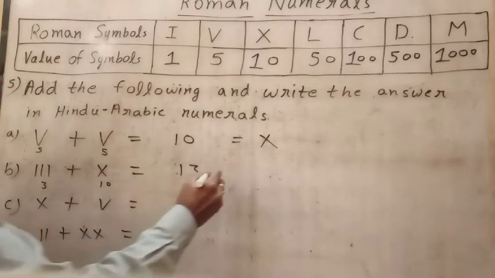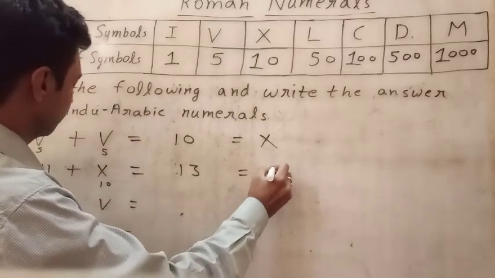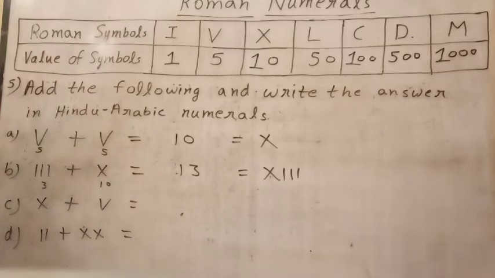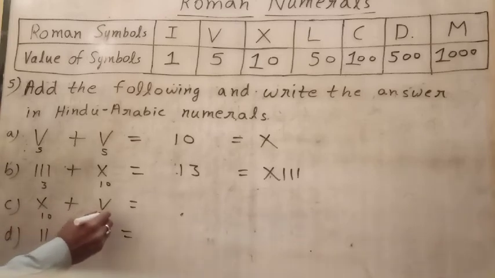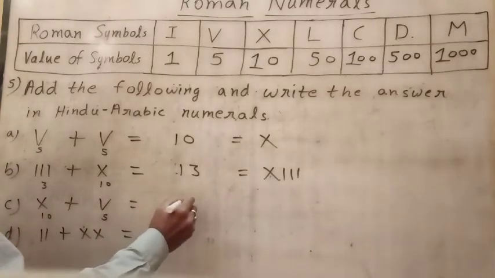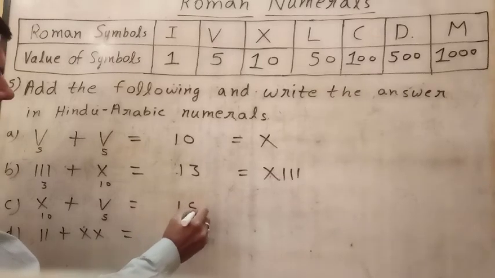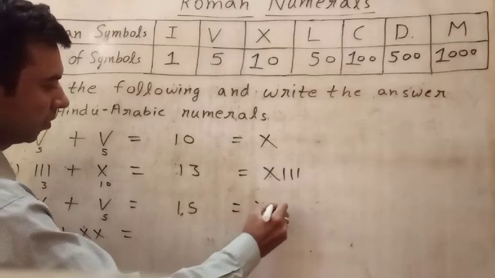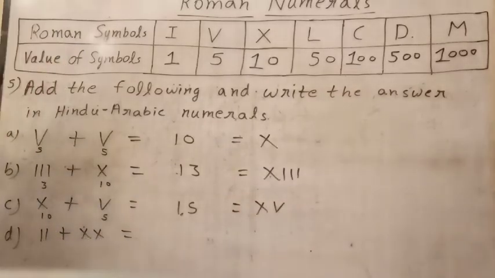13. And the correct symbol, see, X and 3 times I. The value of X is 10. The value of V is 5. 10 plus 5, 15. So the correct symbol is XV. The value of II is 2.